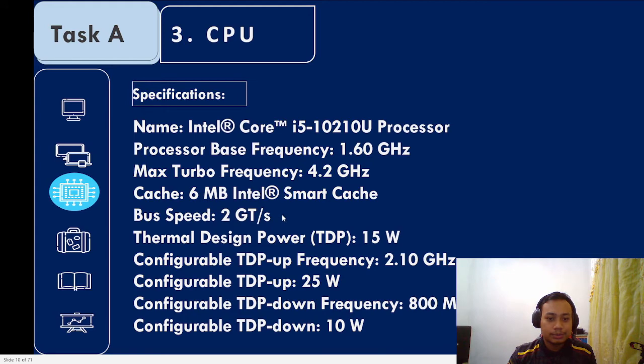Bus speed is 2 GT per second, and thermal design power is 15 watts. Configurable TDP-up frequency is 2.1 GHz, configurable TDP-up is 25 watts. Configurable TDP-down frequency is 800 MHz, and configurable TDP-down is 10 watts.